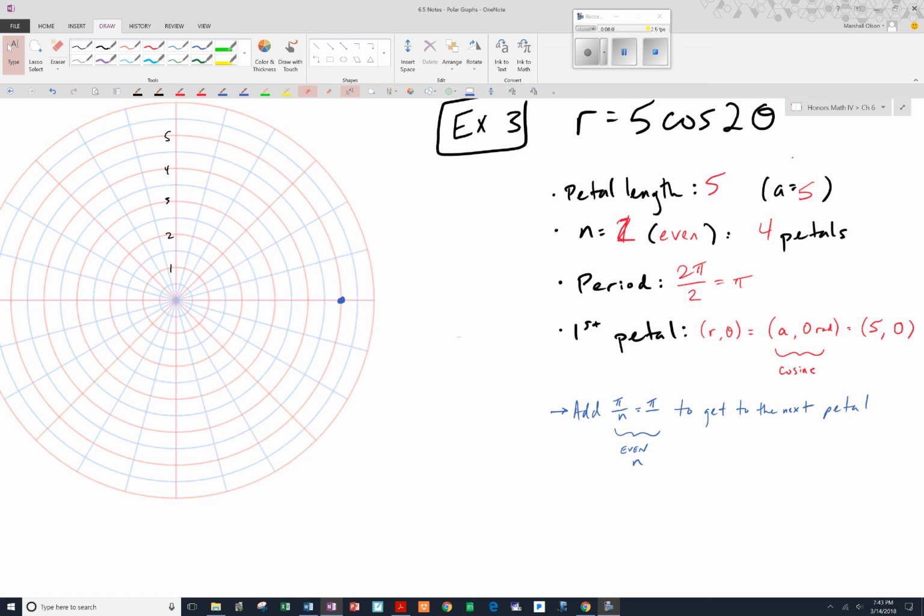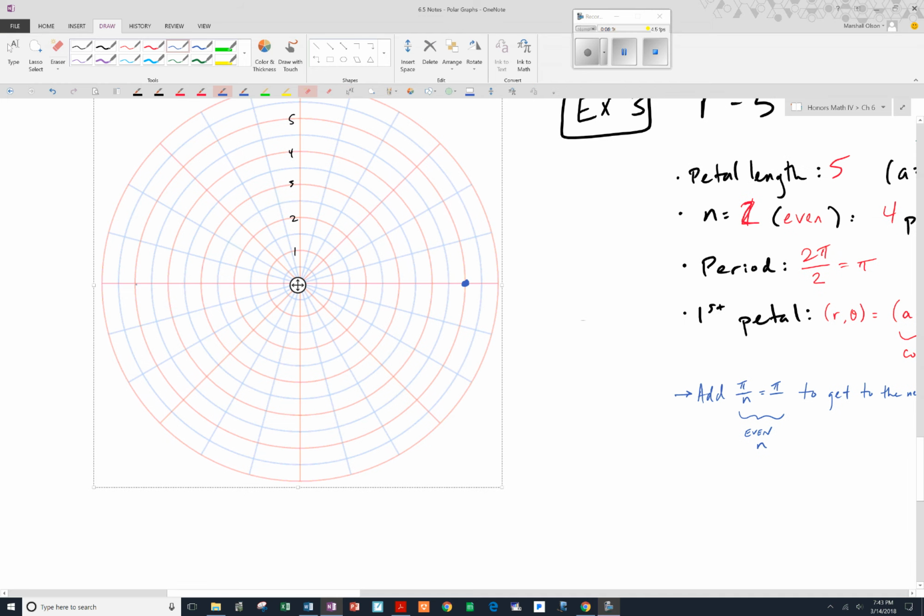Now the period is pi, so that means that we are going to add pi to get to the next petal. So the next petal tip is actually going to be right here. Okay, so this is my first petal tip. This is my second petal tip. Now the A, B thing, that's not the exact same as what we had before, because there's actually going to be some points at the pole as well, or at the origin.